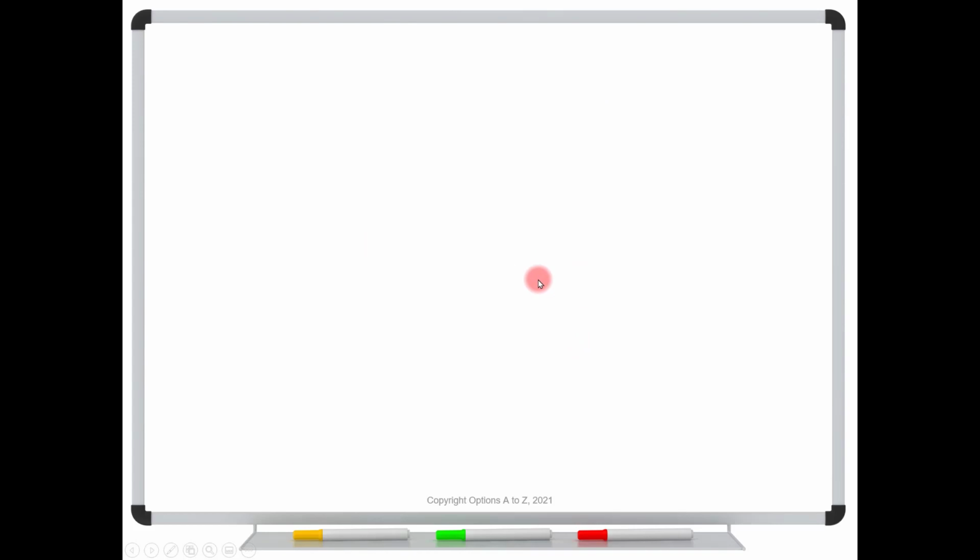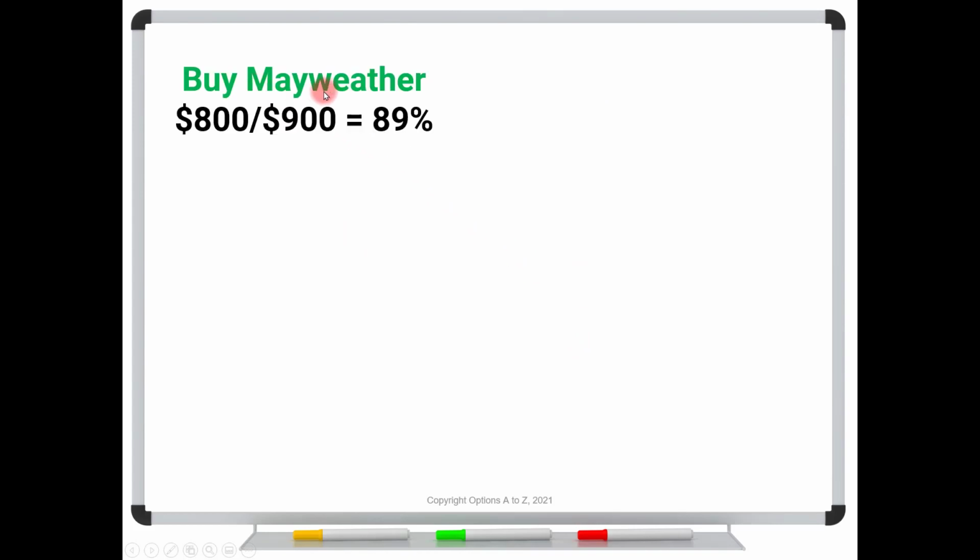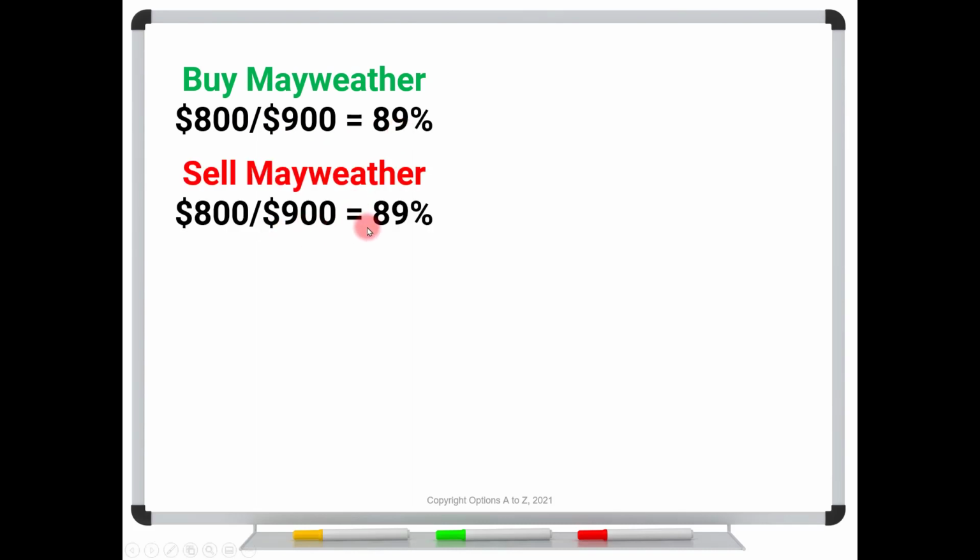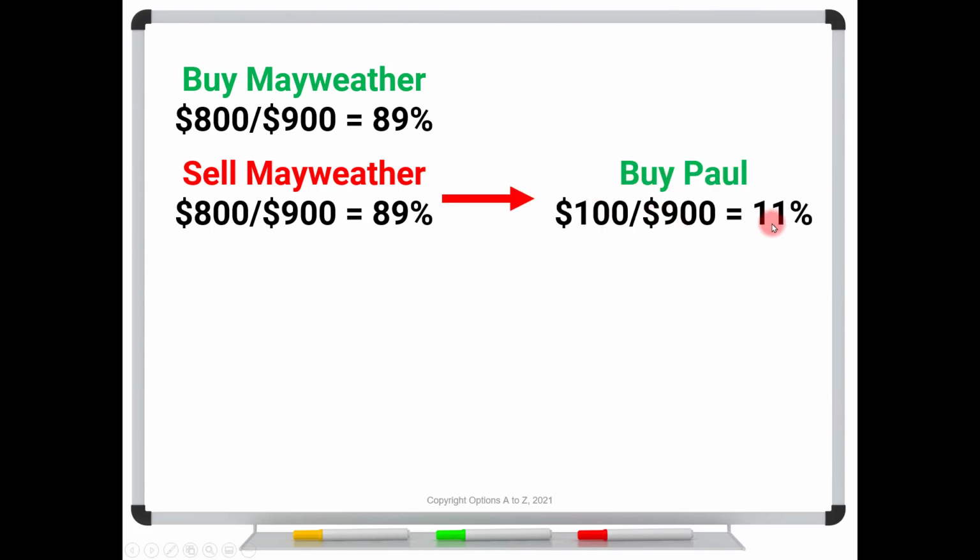What's another way? Well, if you can buy Mayweather for an implied probability of 89%, the house is selling Mayweather for an implied probability of 89%. They're just on the opposite side of the bet. But this is where it gets tricky. If the house is selling Mayweather at 89%, mathematically, they are also buying Paul at 11%. That's just what's called the complement. 89% plus what makes 100% would be 11%.